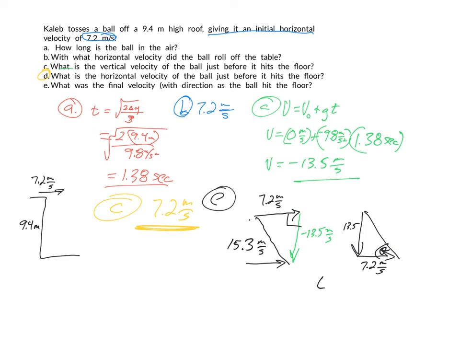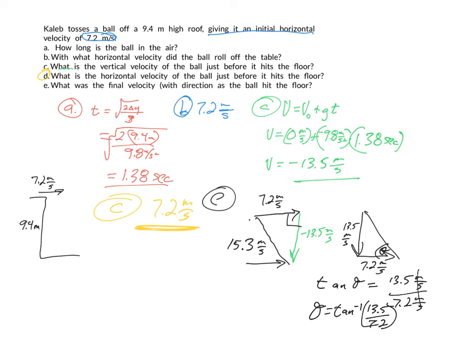So I'm going to go tangent of an angle equals opposite, which is 13.5 meters per second, divided by 7.2 meters per second. Meters per second goes away. The angle equals inverse tangent of 13.5 over 7.2.